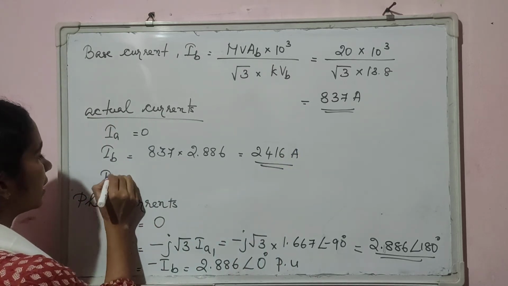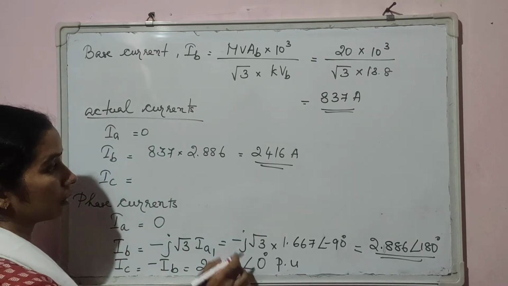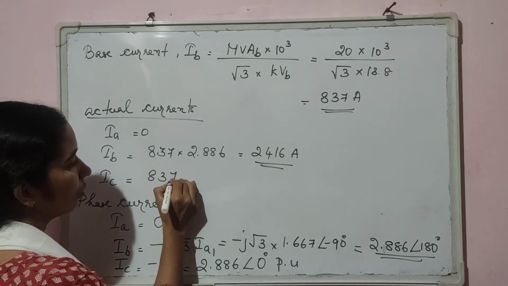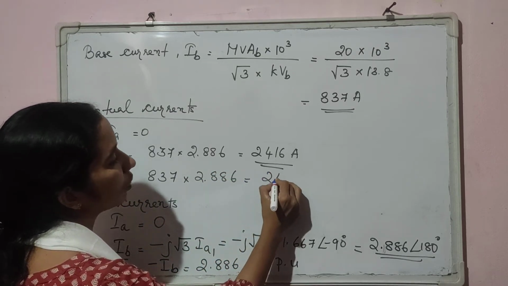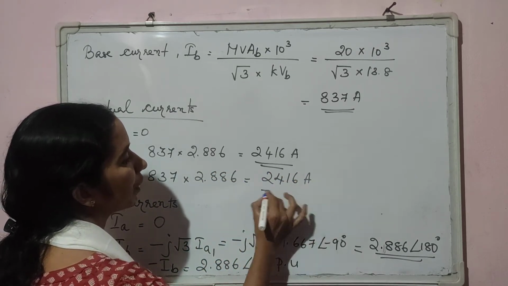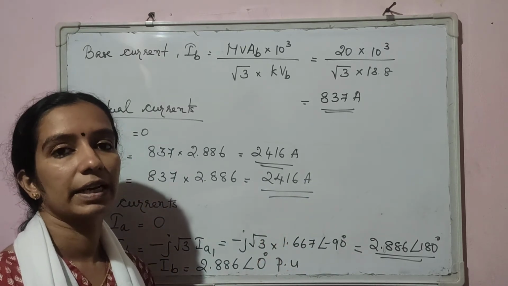Similarly here IC is equal to, the magnitude is the same for IC also, so 837 into 2.886 will be equal to 2416 ampere. Thus we have calculated the subtransient currents.